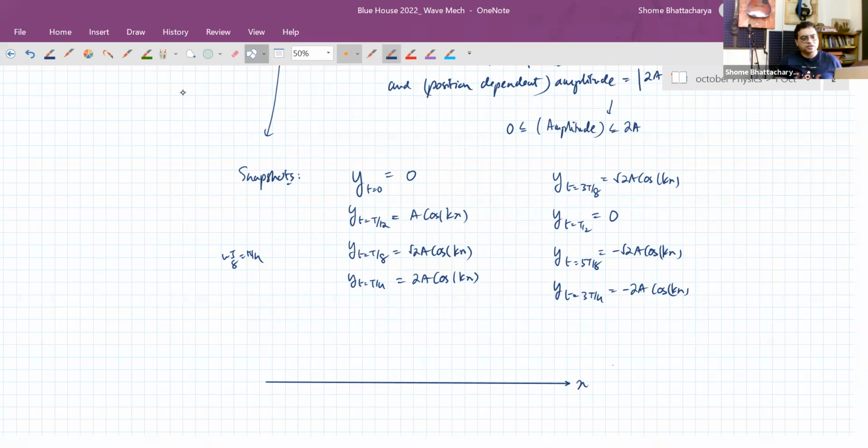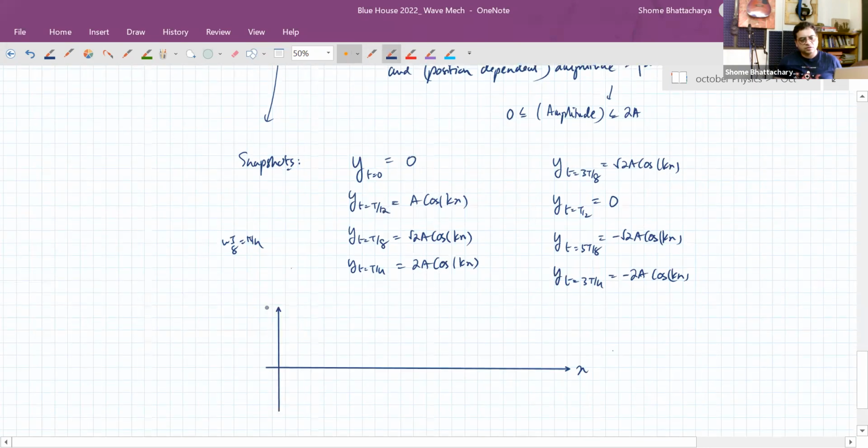So if we look at these snapshots at various different times, what we'll notice is that, for example, at 1/12 of the time period, the shape of the medium, the snapshot picture that is, it's looking like a cos wave, but with a smaller amplitude.